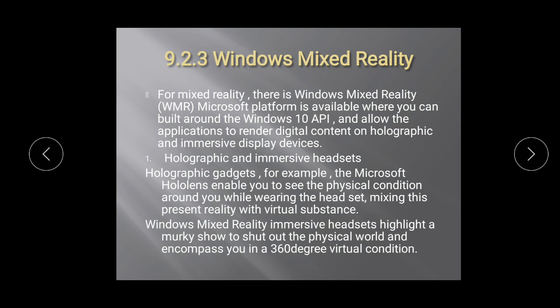So the first one here is holographic and immersive headsets. What are holographic and immersive headsets? They look like your normal sunglasses or normal glasses, but holographic gadgets, for example the Microsoft HoloLens, enable you to see the physical conditions around you while wearing the headset, mixing the present reality with virtual substance.